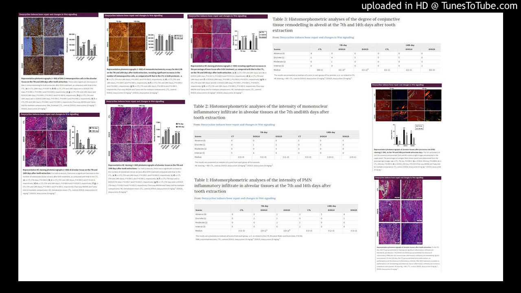However, on the 14th day, the degree of remodeling in the group treated with 25 mg/kg DOX increased, median 2, 2-3, compared with that in the DOX10, median 1, 1-1, and CTL, median 1, 1-1, groups. Table 3. Histomorphometric analyses of the degree of conjunctive tissue remodeling in alveoli at the 7th and 14th days after tooth extraction. Full-size table.